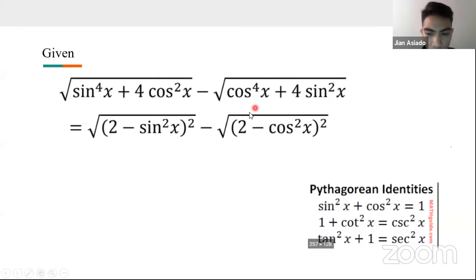Okay, so dito, ginamit ang isang trig identity, no? So, si cosine, pwede siyang maging equal kay 1 minus sine squared x, no? Equal siya dito.